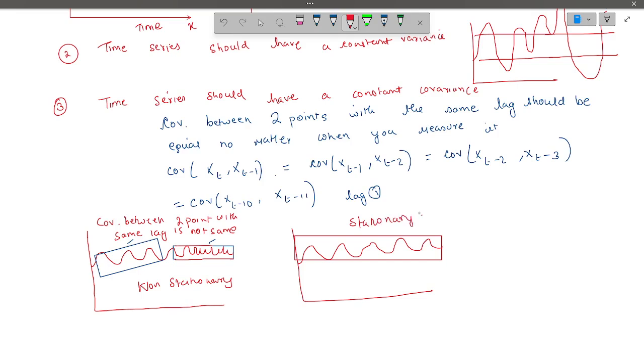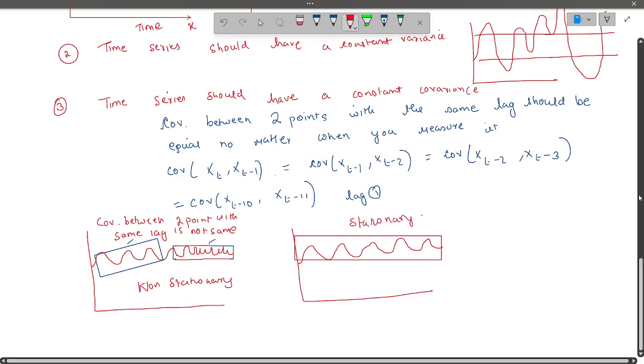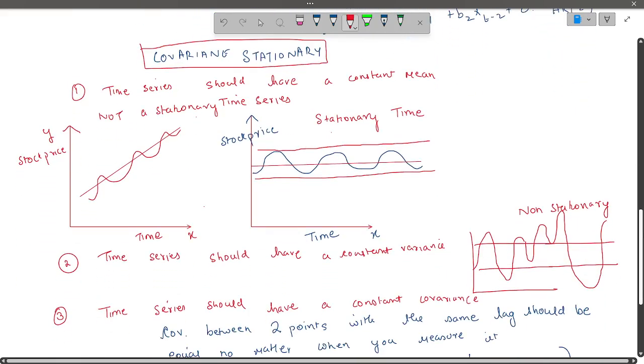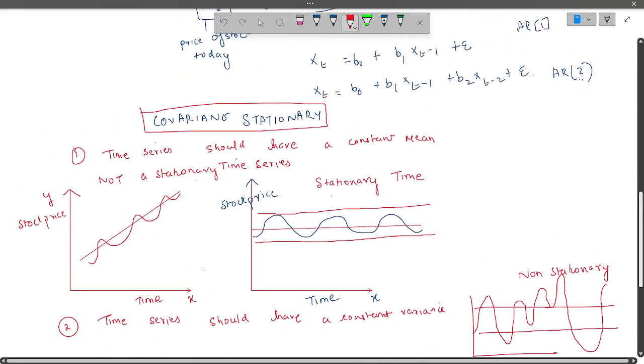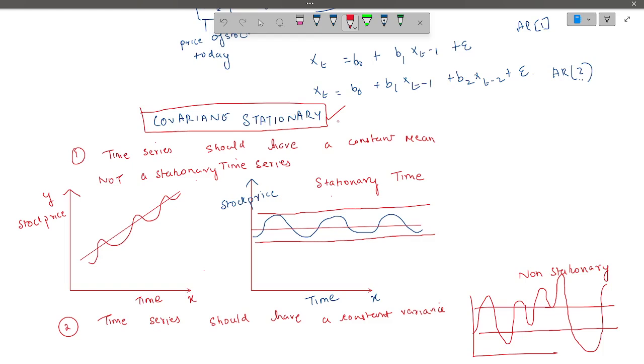तो ये 3 condition meet होना चाहिए, right? You can run an AR model only on stationary data. For any time series to be stationary, these 3 conditions have to be satisfied.